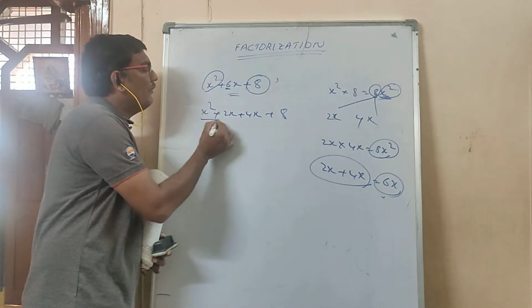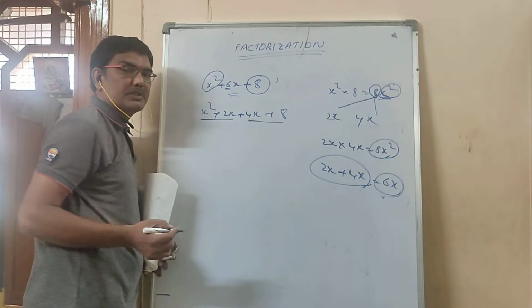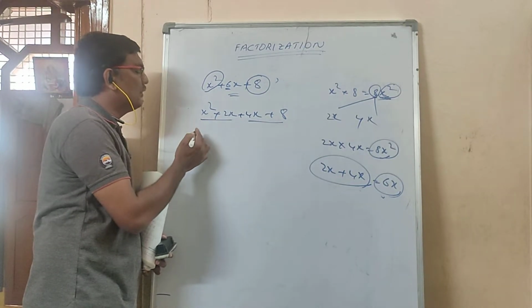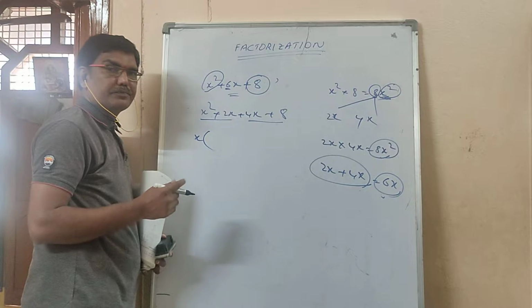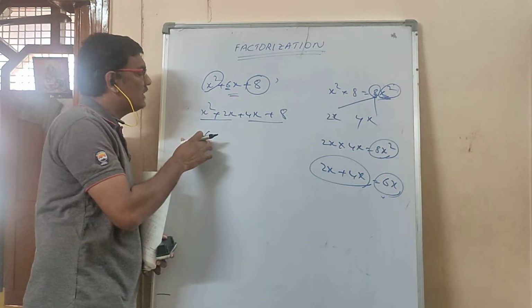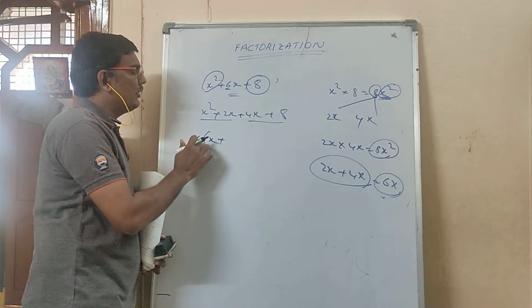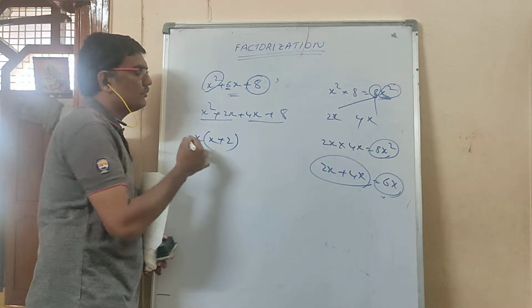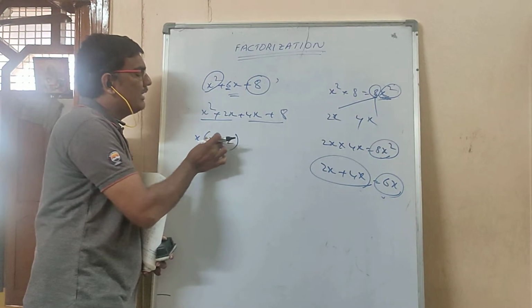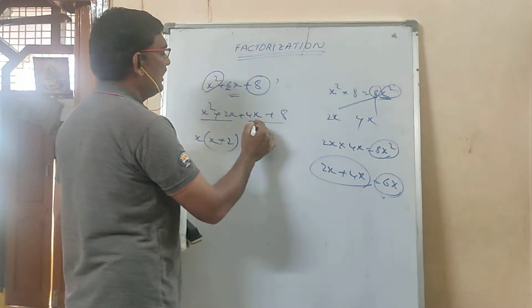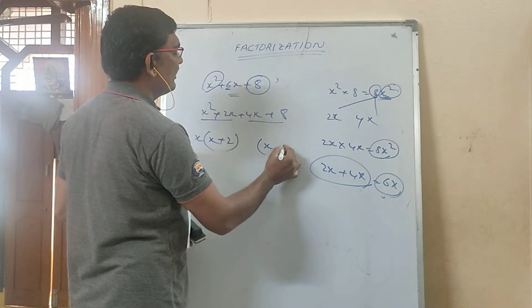Now, from the first two terms and the last two terms. From the first two terms, you can take x as common. X into how much becomes x square? x only. Plus x into how much becomes 2x? 2. Here in the brackets, what is there? Here also we should get the same.